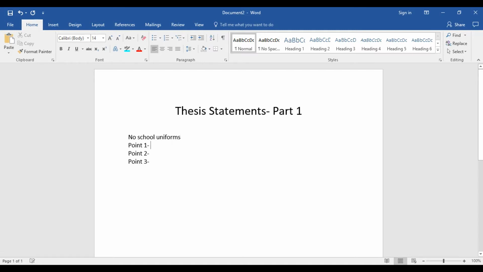So when looking at this, you're going to have to lay out each point. So one argument that I've seen is the fact that it restricts individuality. So our point 1 restricts individuality.